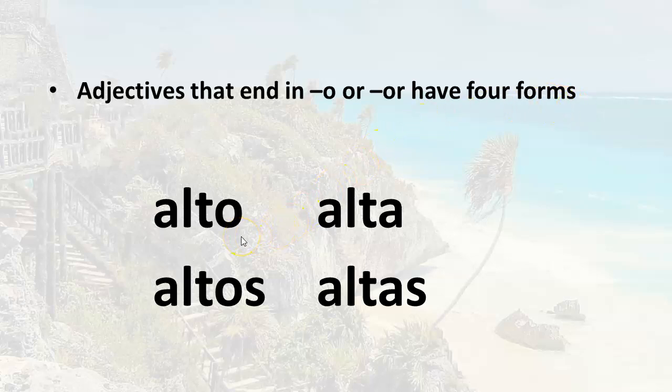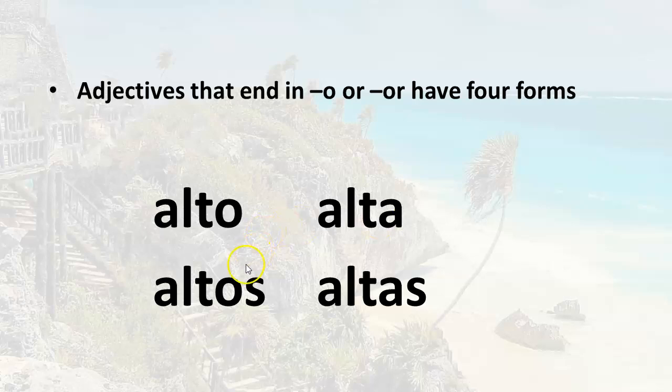So if you look up the word tall in a dictionary, you'll see what we call the default form, which is the masculine singular form. So that's alto. The other form here, alta, is the grammatically feminine form, and alto and alta are both singular. In other words, talking about a singular noun.